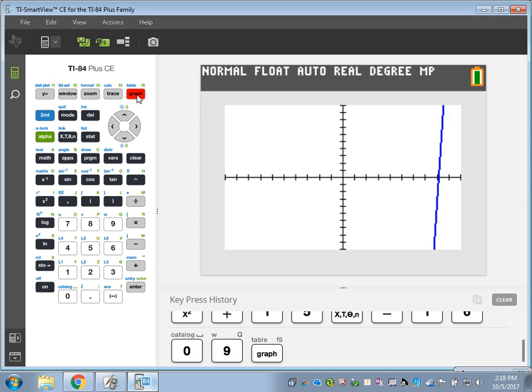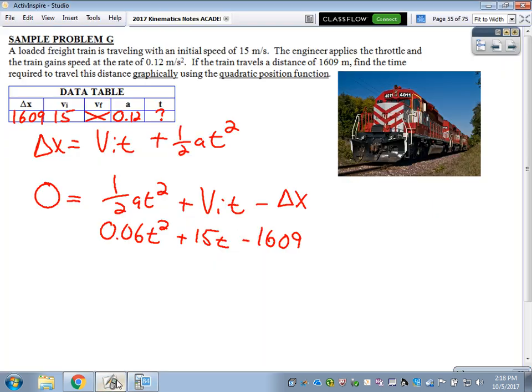Now, we are not going to be able to view the entire quadratic just because of how this quadratic is set up. But the most important thing is, do we see where it crosses the positive x-axis? We're going to need to find the point that it crosses over the positive x-axis. Just real quick, going back to our notes, I want you to draw what I'm about to put up on the board, as part of showing our work.